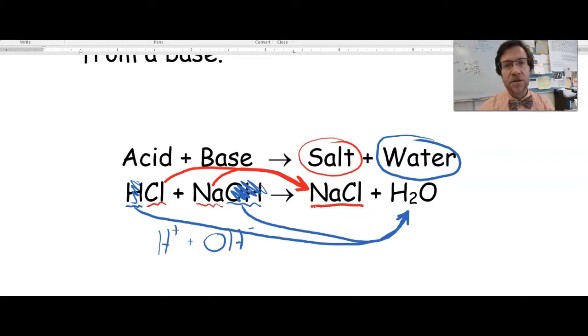And in this case, it's table salt. That's how it works. The hydrogen and the hydroxide cancel each other out and make water. They disappear into the solvent. The leftovers that are still floating around inside the water, that is your salt. And if you want to extract the salt, you just boil off the water, and there you go. You've got a beaker full of salt.